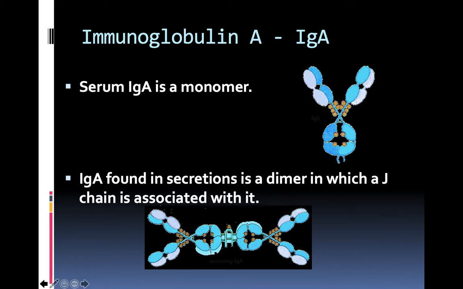So if it's produced by the plasma cell to be secreted outside, then we expect that it will exist as a dimer with that associated J chain. Let's have a quick review of the properties of IgA.